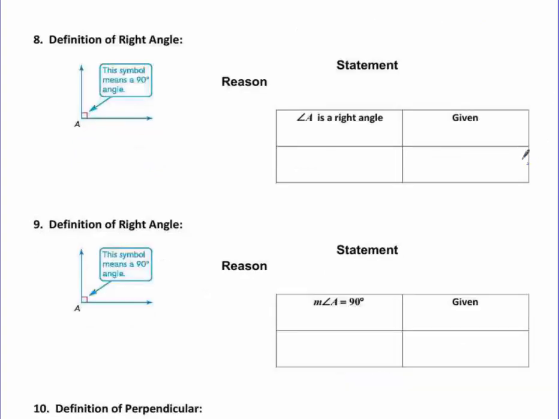All right, we just got a few more to do here. Everybody knows what this symbol means. It means this is a 90-degree angle. So if you're given this symbol in a problem or a picture, or you're told that angle A is a right angle, you know that the measure of angle A equals 90 degrees. And the only reason you know that is because you know the definition of right angles.